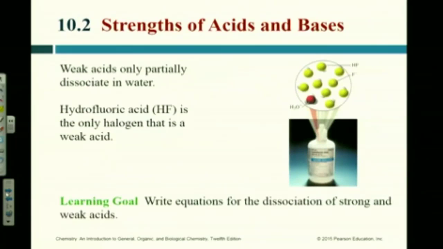Strengths of acids and bases, right? Here's our friend hydrofluoric acid in a plastic bottle. And remember when we wrote hydrofluoric acid, we wrote it with 2 arrows, right?